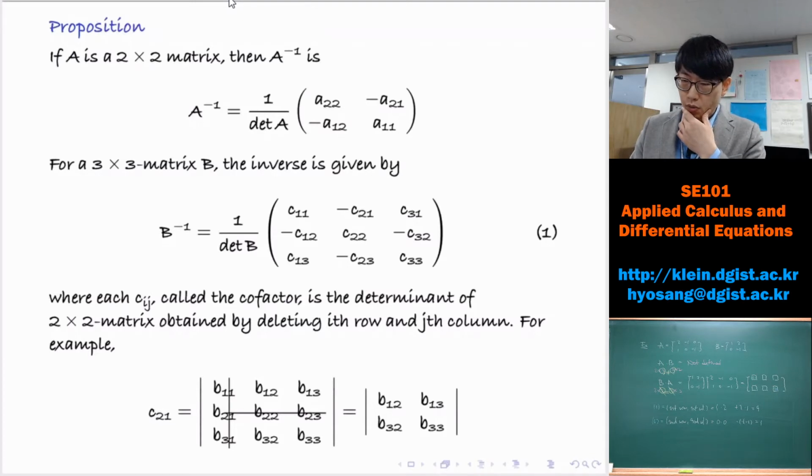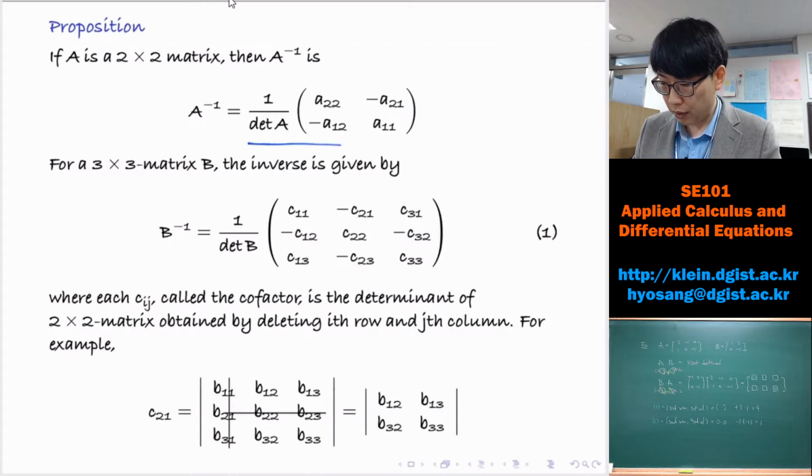So we know how to find out whether this matrix has an inverse or not by simply calculating the determinant. But what if the determinant is non-zero, what is the inverse? Here's one way of finding an inverse. For the 2 by 2 case, it's easy enough that you can just memorize this formula.